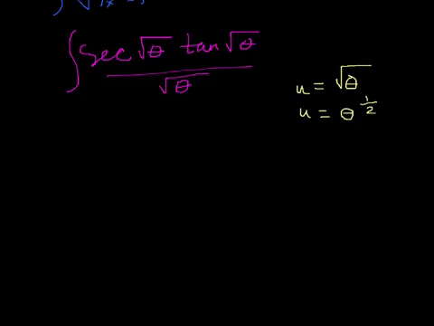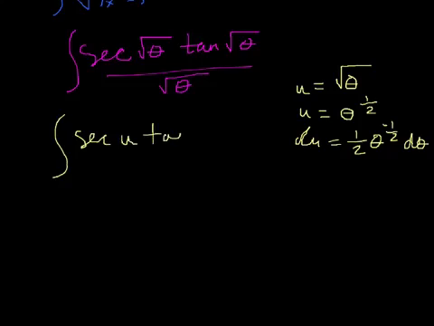So if I make my angle equal to u, the derivative is 1/2 theta to the negative 1/2, that is, when you subtract 1 from the exponent, you get -1/2, d theta. When I do my u substitution, I have the secant of u, the tangent of u, and then I have this 1 over the square root of theta to take care of. When I write these problems, I keep leaving out my d theta. It should be there in the original problem.